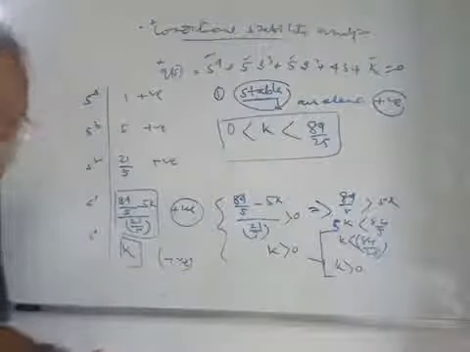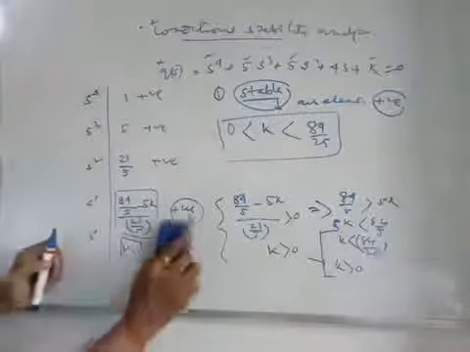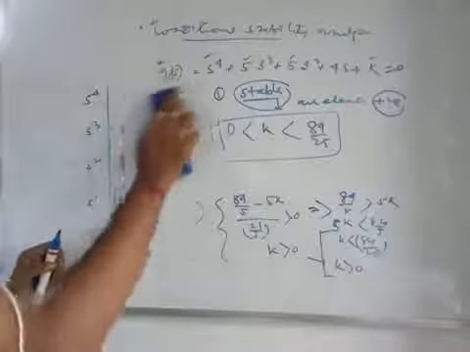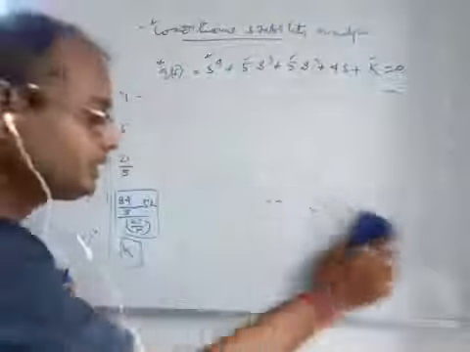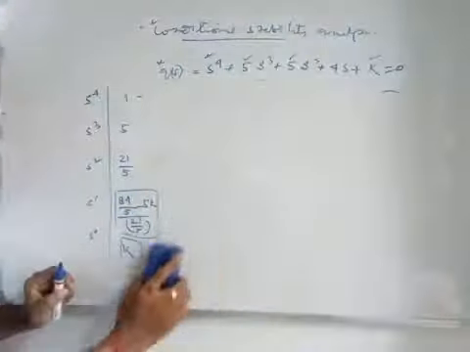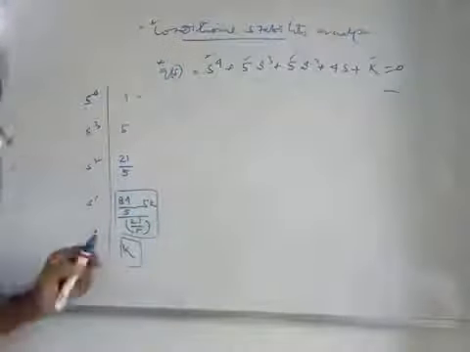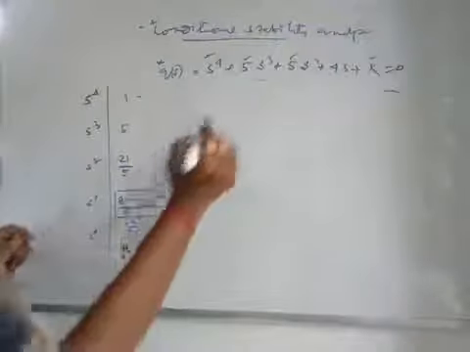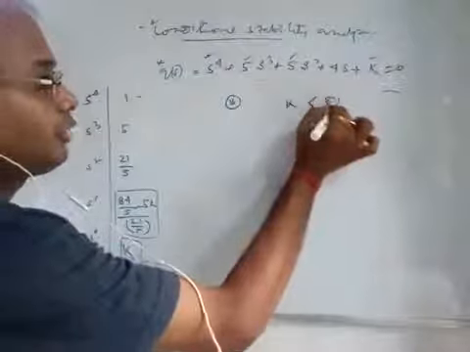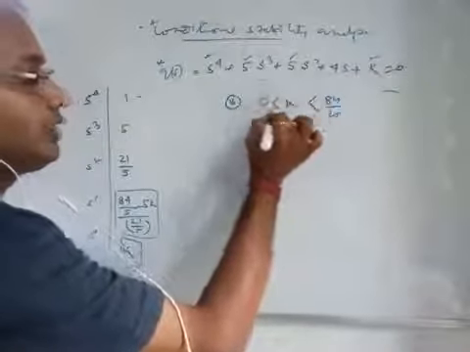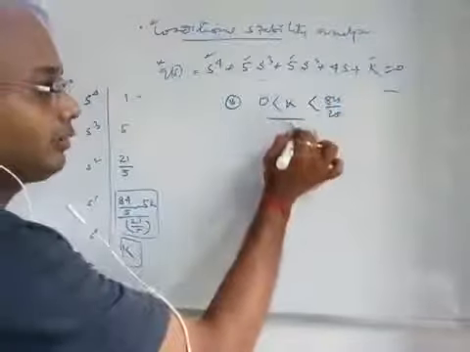Next, we will consider the second case, where the system is unstable. In the range k less than 84 by 25, the system is stable.